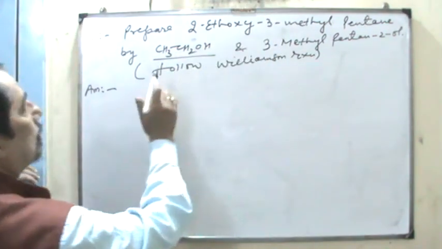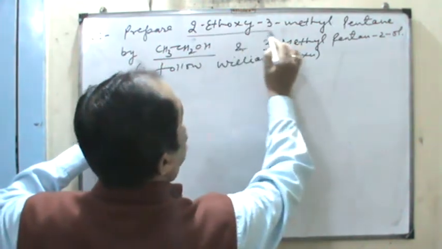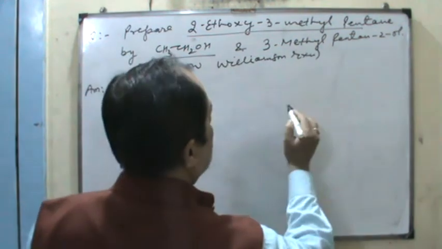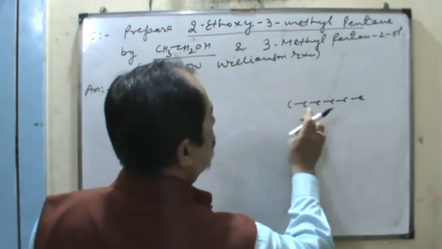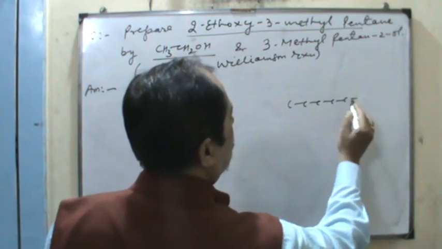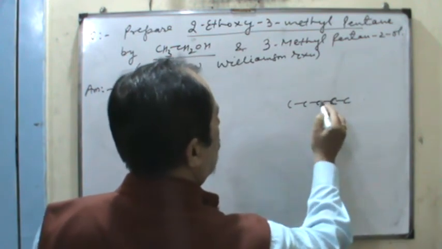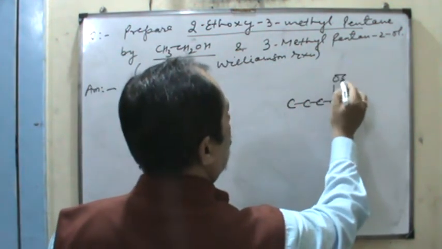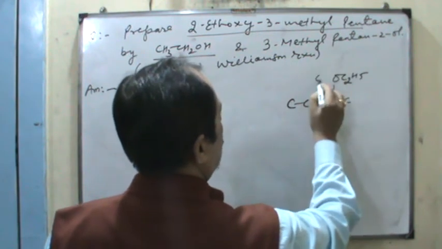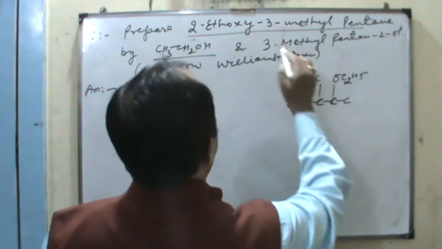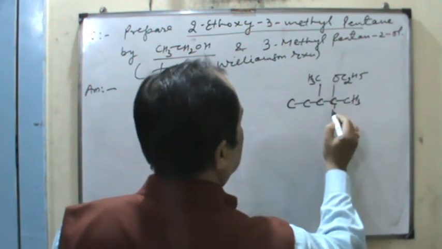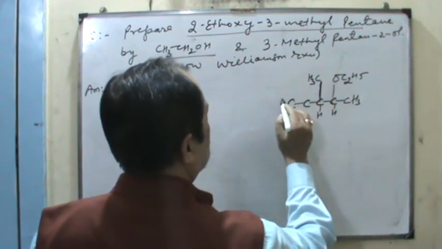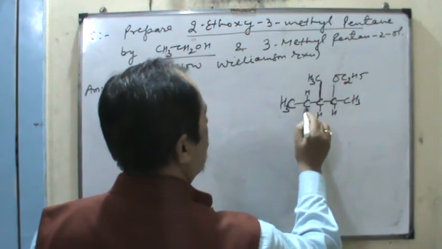So we are given two things, and what you have to prepare is 2-ethoxy 3-methyl pentane. Numbering 1, 2, 3, 4 and 5, 2-ethoxy 3-methyl pentane is CH3, CH(OC2H5), CH(CH3), CH2, CH3.